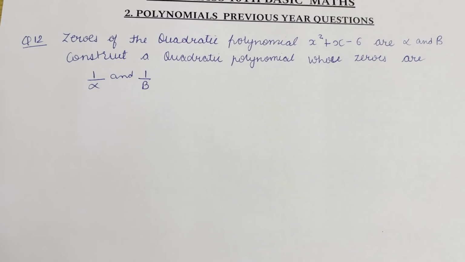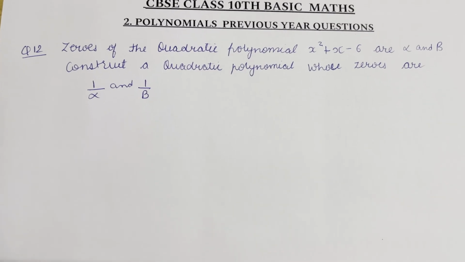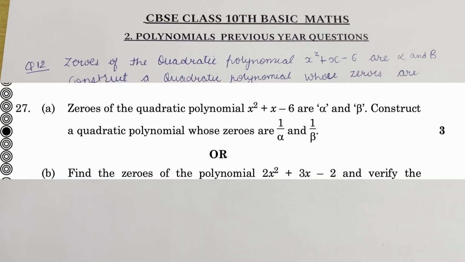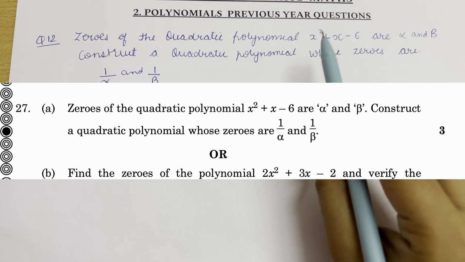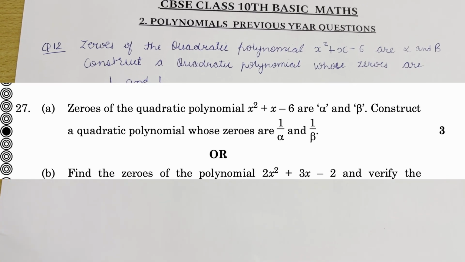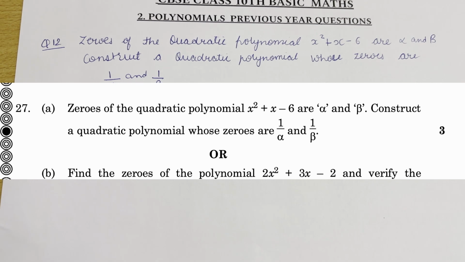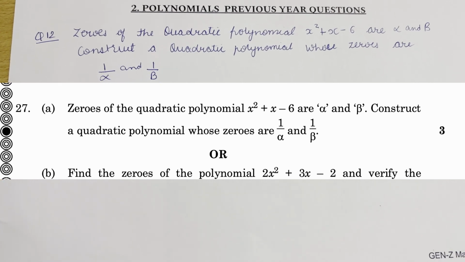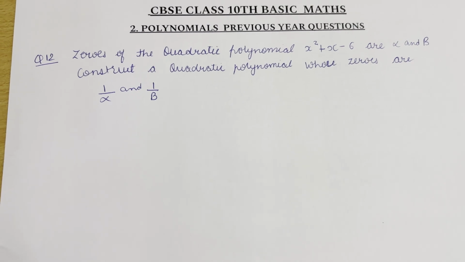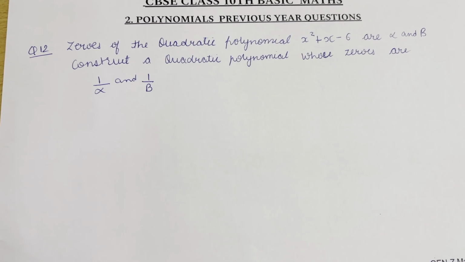Let's continue with solving another 3-marker question. Question number 12. The question says: if the zeros of the quadratic polynomial x square plus x minus 6 are alpha and beta, construct a quadratic polynomial whose zeros are 1 by alpha and 1 by beta. This is a very similar kind of question to the one we solved just now.